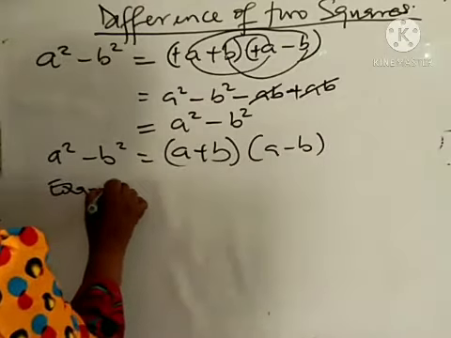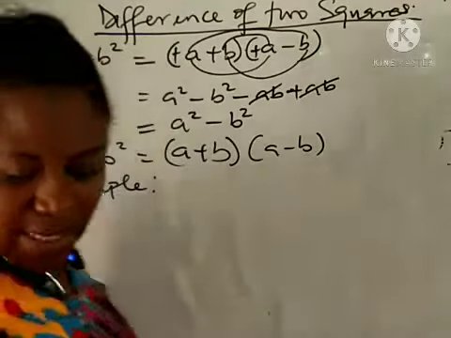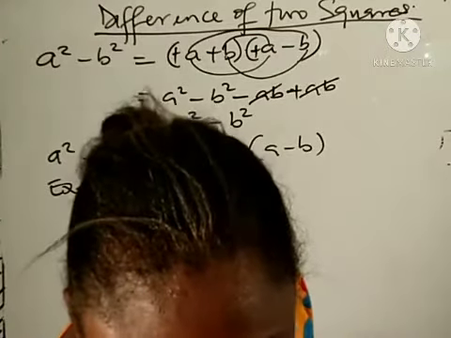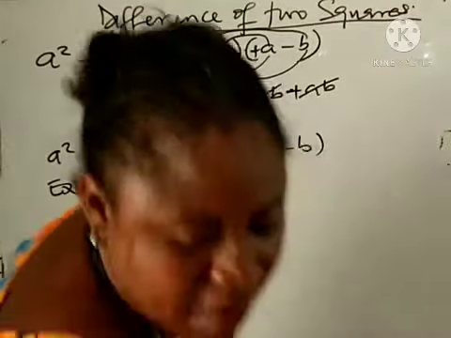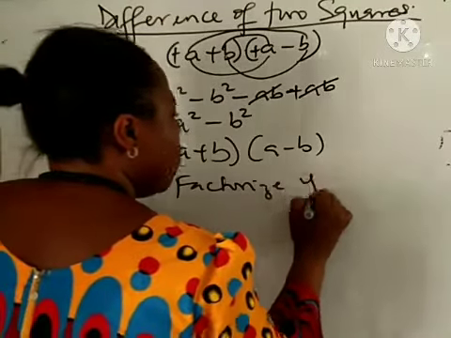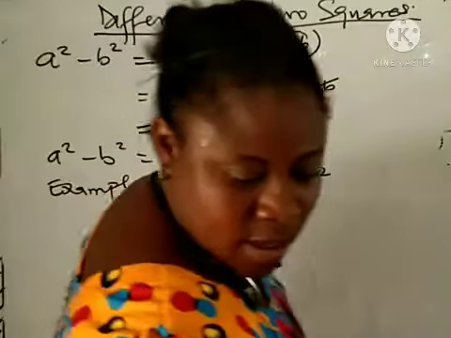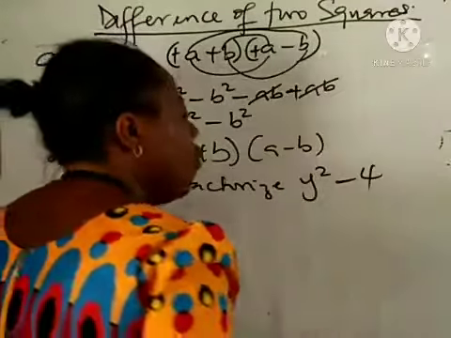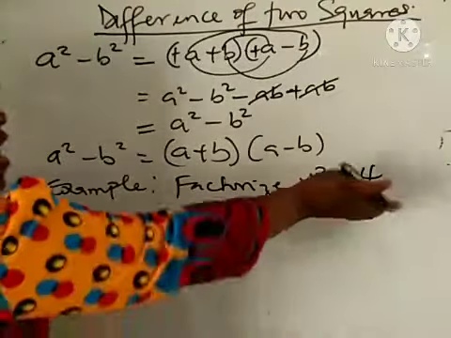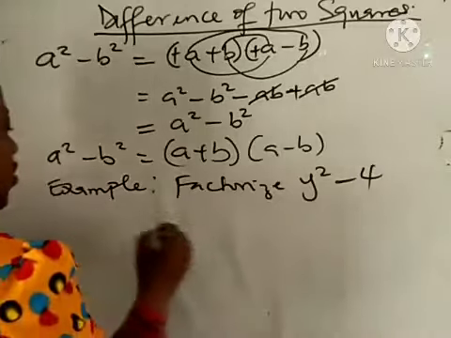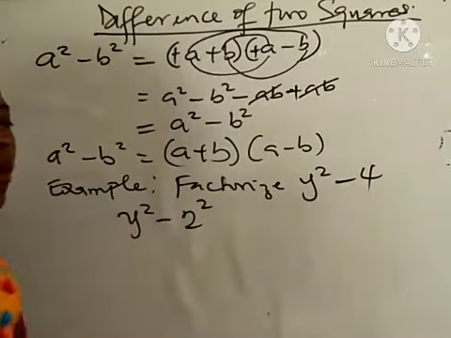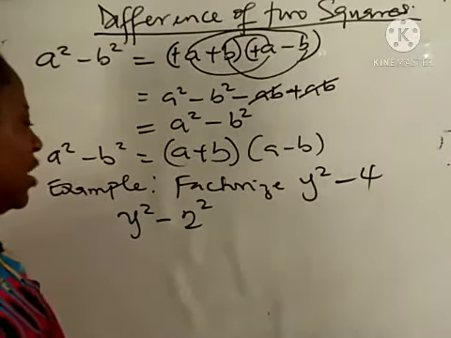So example, it says that we should factorize the following. Factorize y square minus 4. If you look at it, 4 is a perfect square, isn't it? So that means I can rewrite this as y square minus 2 raised to power 2. Do you see it?